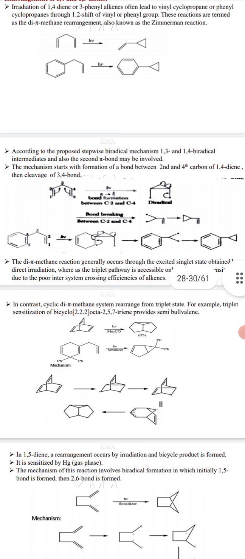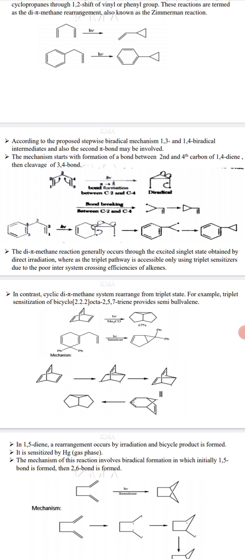As you can see here, it forms a diradical. First bond formation between carbon 2 and carbon 4 happens and gives rise to a diradical. In this diradical, bond breaking between C2 and C4 happens and gives rise to a vinyl cyclopropane.